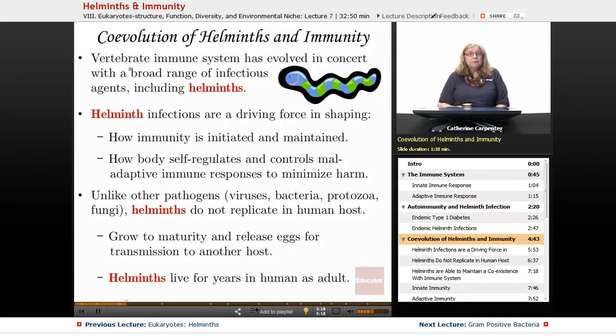But more generally, the vertebrate immune system has co-evolved with these pathogens, as we've discussed in several of our lectures.